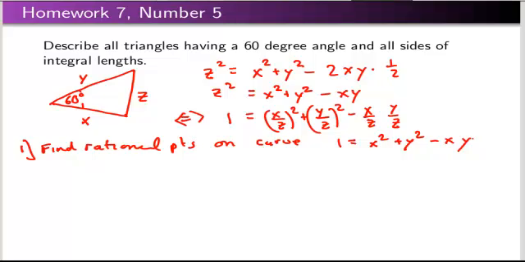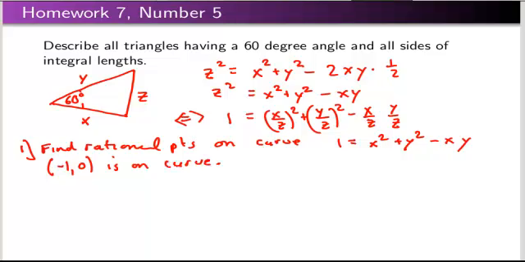Hopefully there's a very easy one to identify, such as 1, 0, or how about our favorite one, which is when y is 0, x is negative 1. Yeah, when y is 0 and x is negative 1, that's certainly a point on the curve, right?